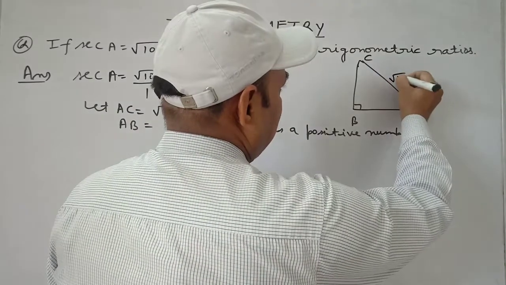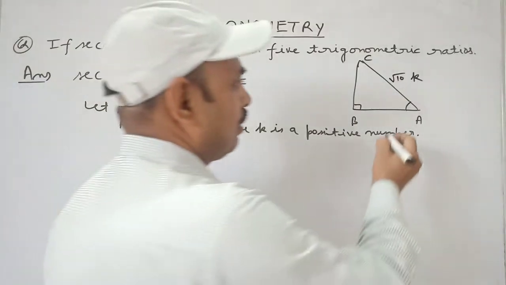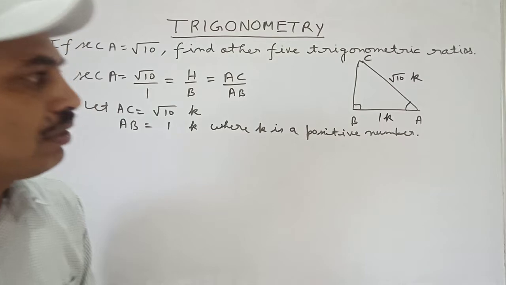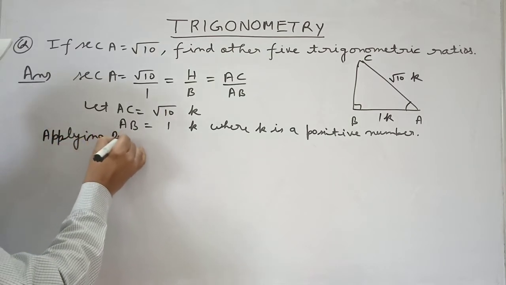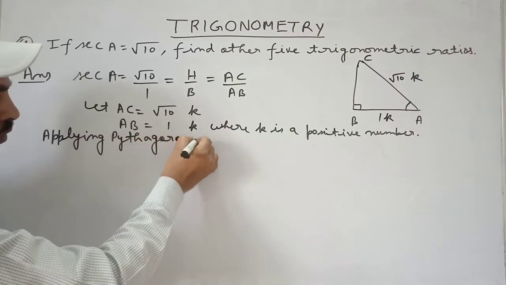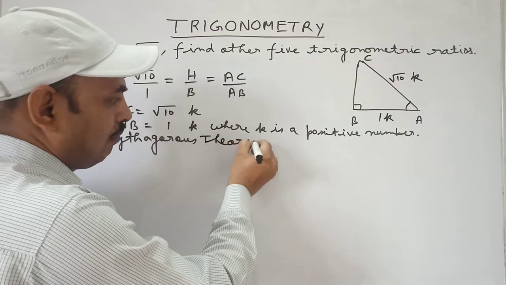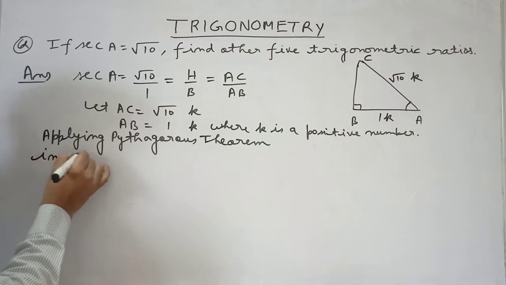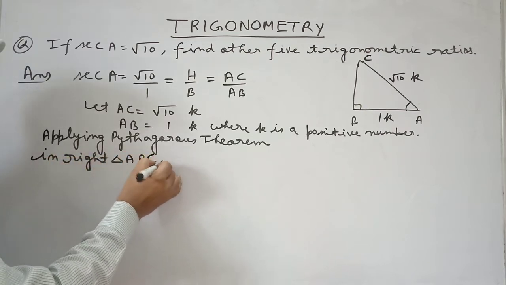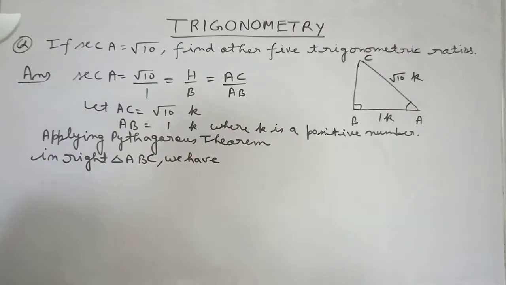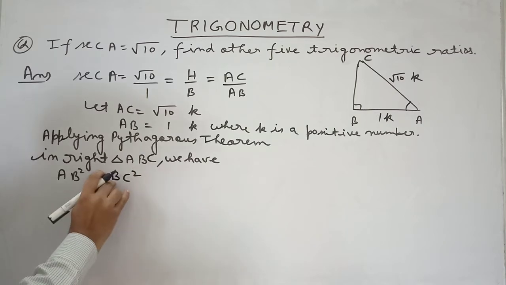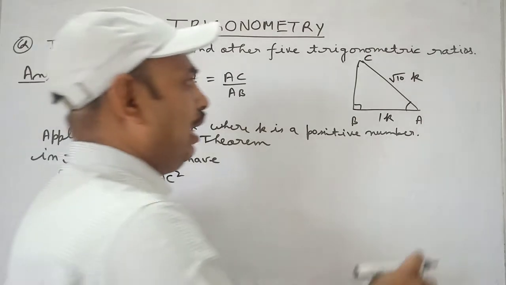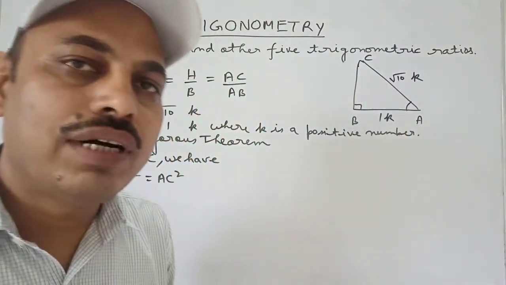AC is root 10k. AB is 1k. So by applying Pythagoras theorem in right triangle ABC, we have AB square plus BC square equal to AC square, hypotenuse square is sum of square of other two sides.